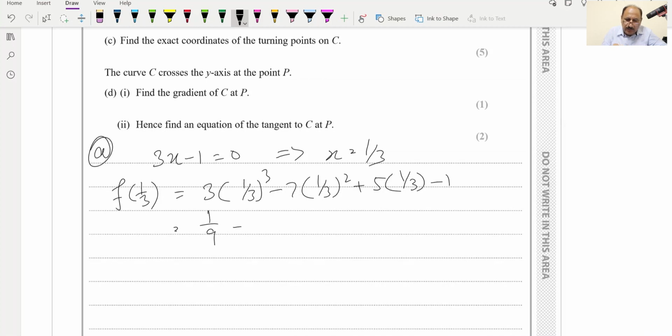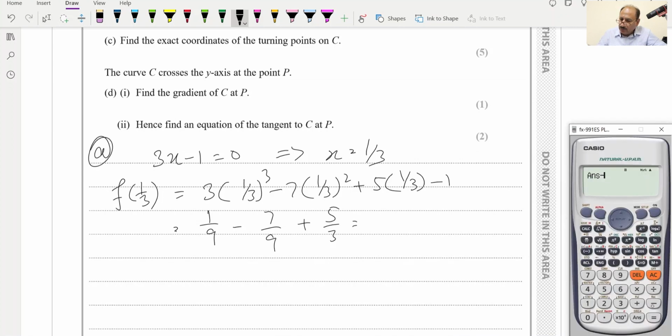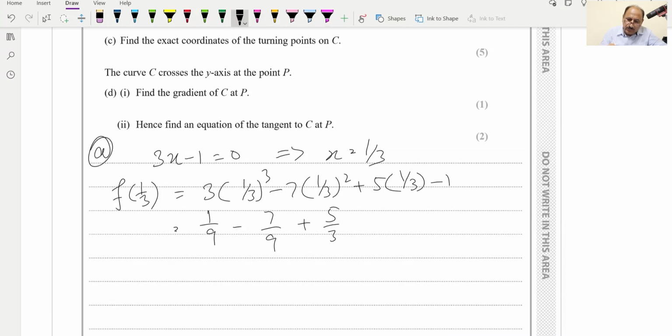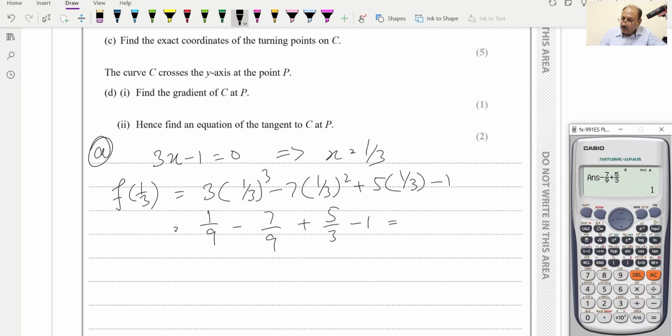So this is 1/9 minus 7/9 plus 5/3, and basically we missed the minus 1 over here, so this should be minus 1 as well.